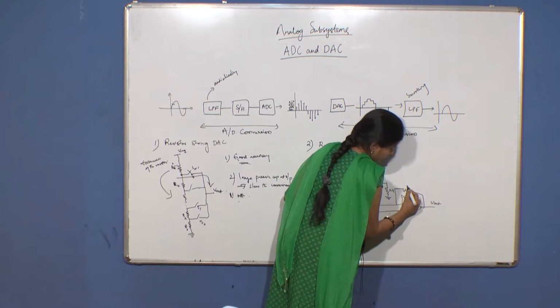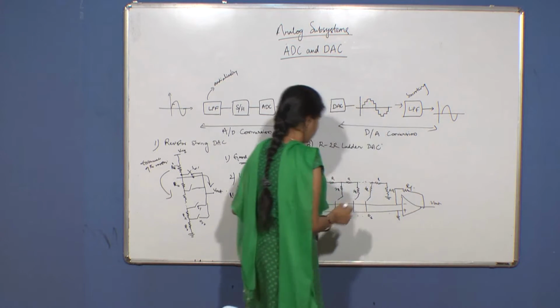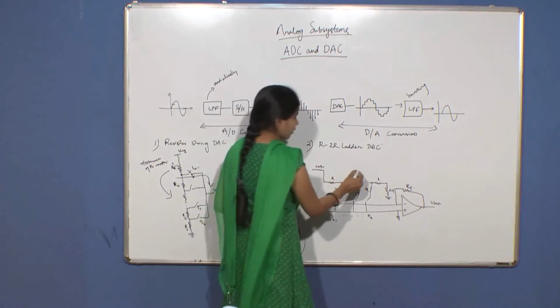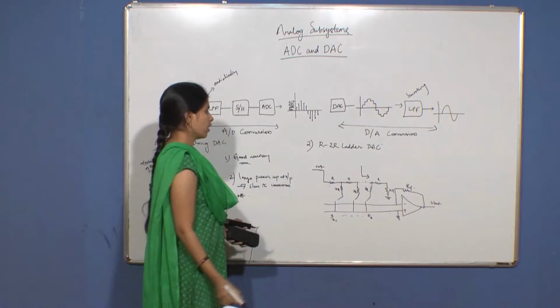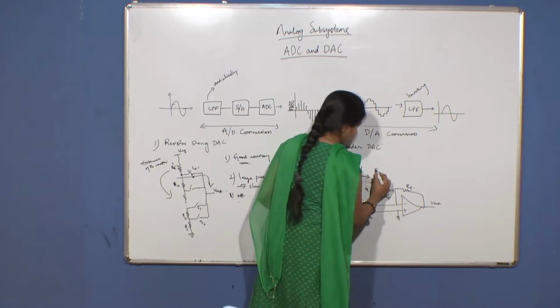This is your feedback resistor. Here, when you look towards the right of any node, the equivalent resistance you see is 2R.